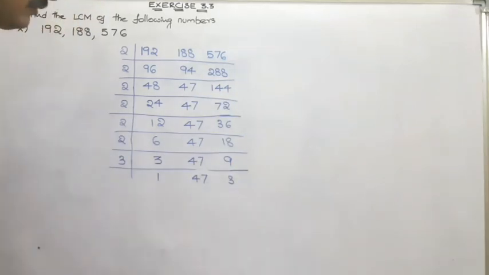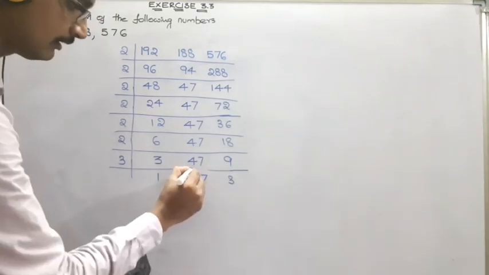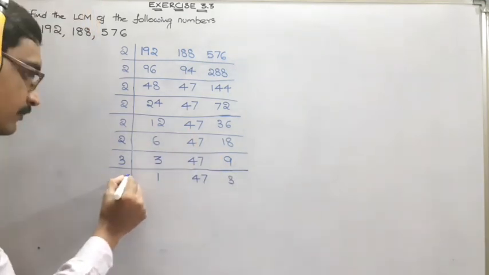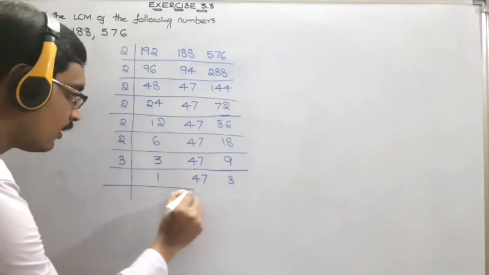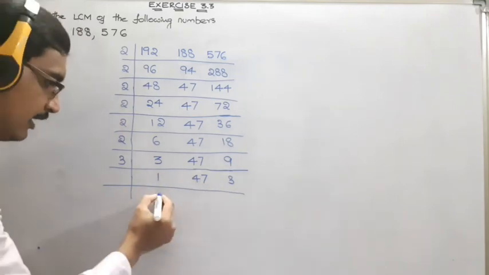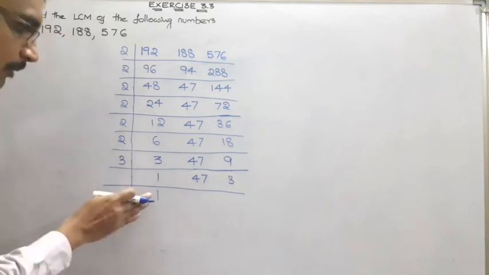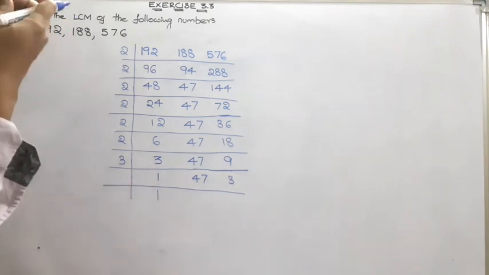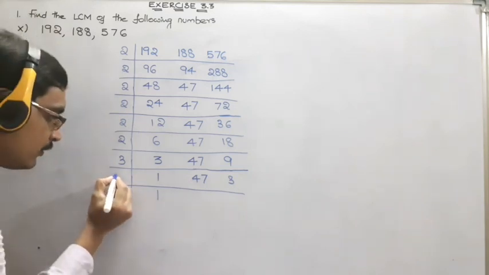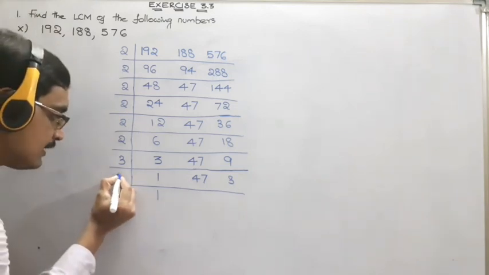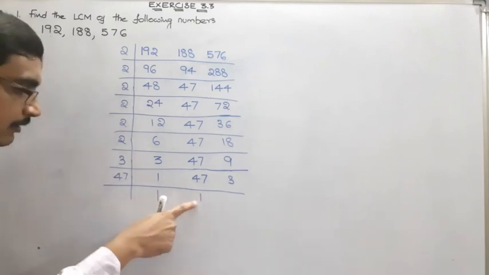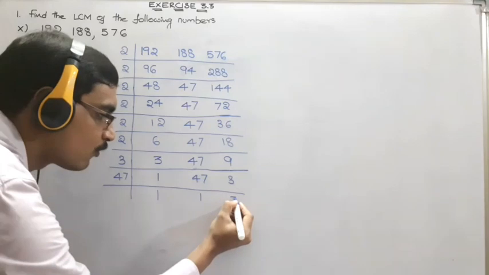Hope you understood. Otherwise, if you still have any confusion, look. We have 1, 47 and 3. 1 anyway you just drop as 1, because multiplying any number with 1 gives us the same number. So first, 47 1s are 47, isn't it? 47 1s are 47 and drop this 3.